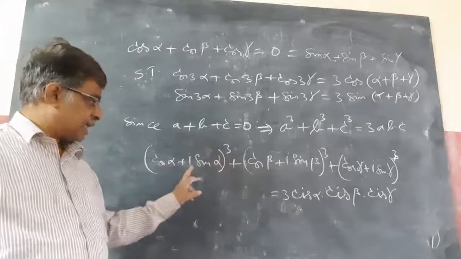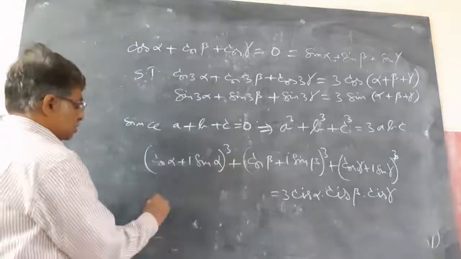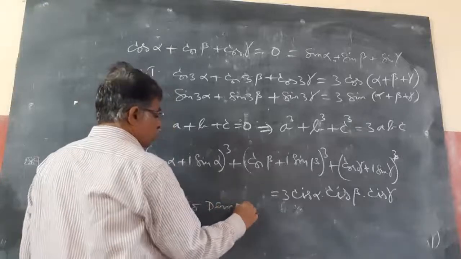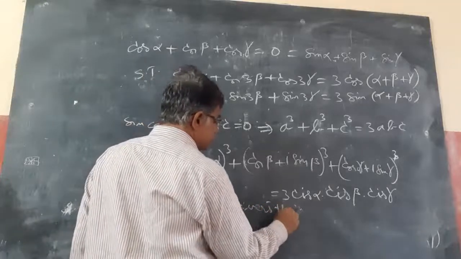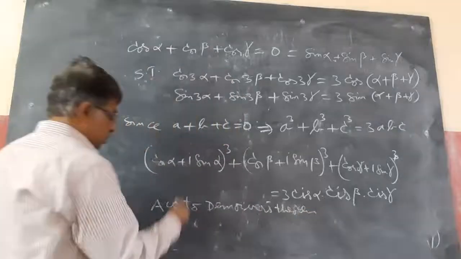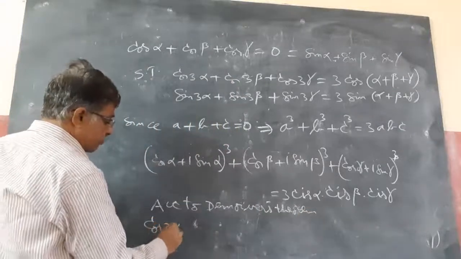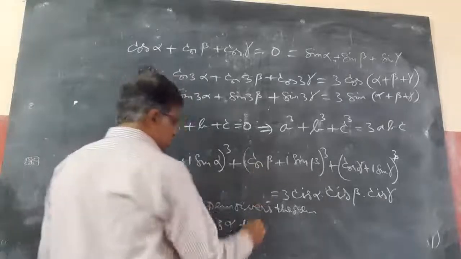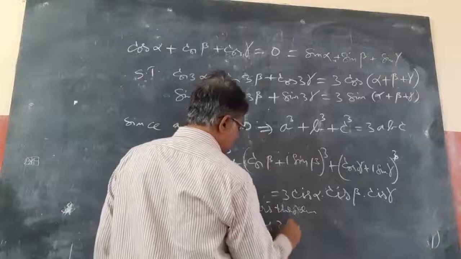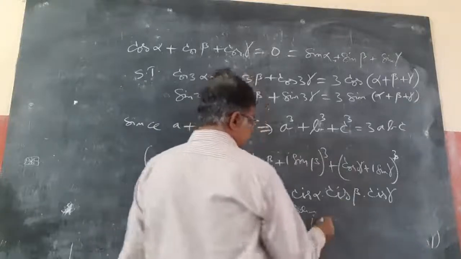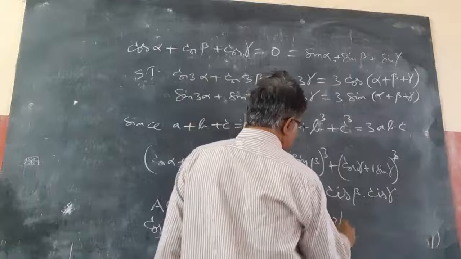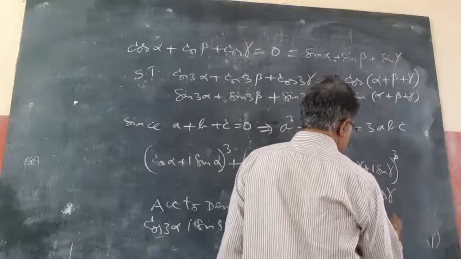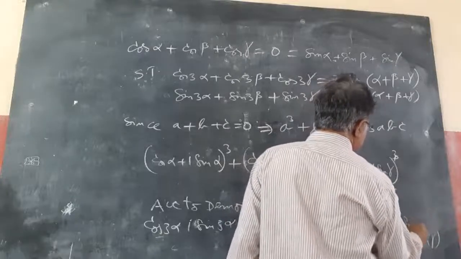So this becomes cos 3 alpha plus I sin 3 alpha, and this is cos 3 beta plus I sin 3 beta, plus cos 3 gamma plus I sin 3 gamma.